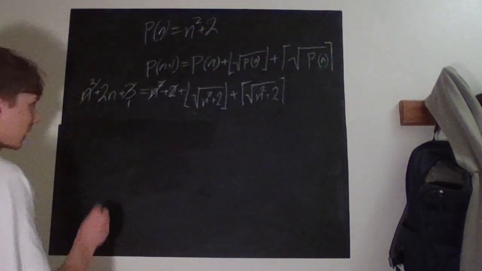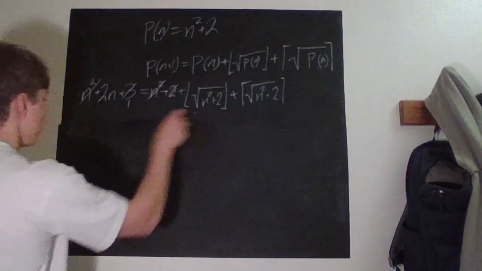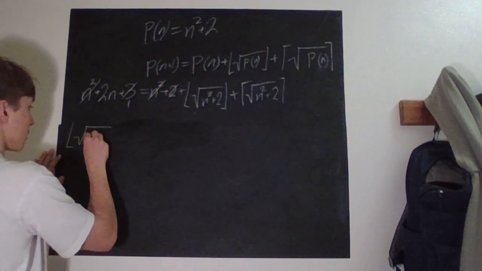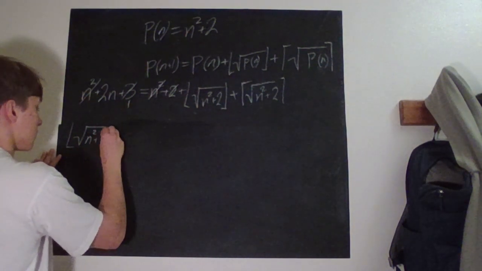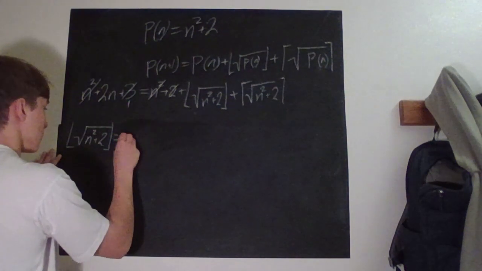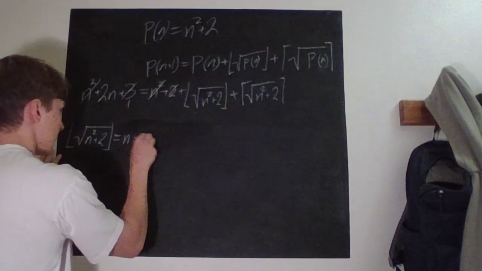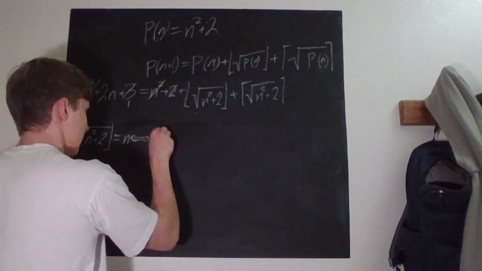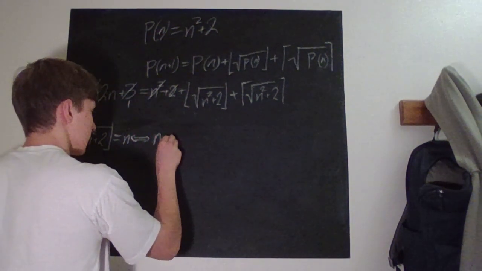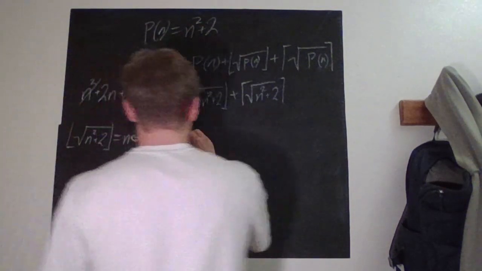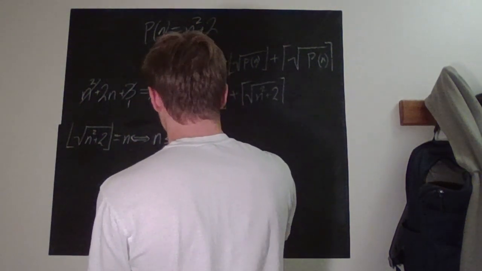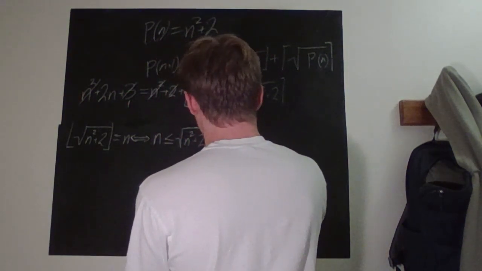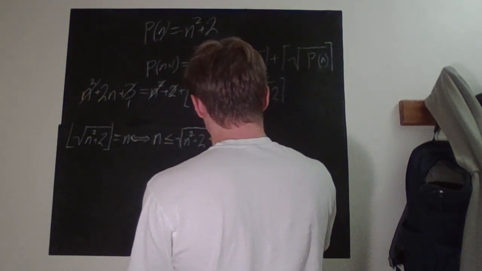So basically, if I claim that the floor of square root of n squared plus 2 is equal to n, that is then equivalent to saying that n is less than or equal to square root of n squared plus 2, which is then less than n plus 1.